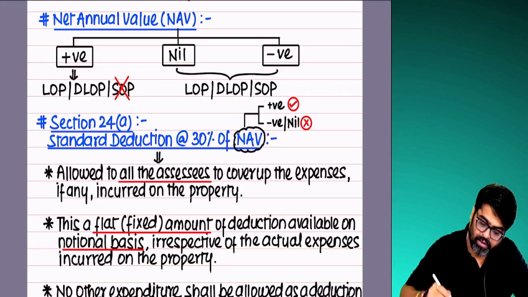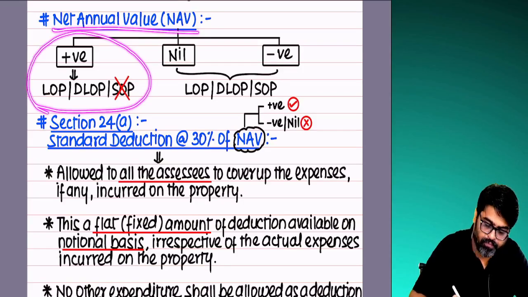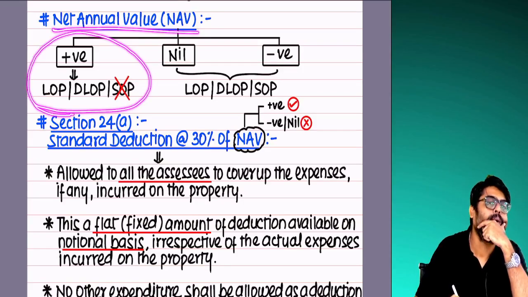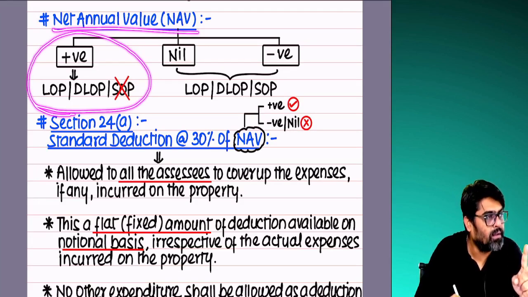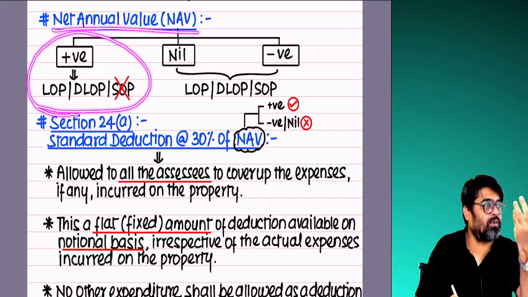See, this is written here. NAV can be positive. It will come positive only in the case of LOP. And you will never get positive NAV in the case of SOP. Why? Because its GAV is nil and municipal tax deduction is not allowed.